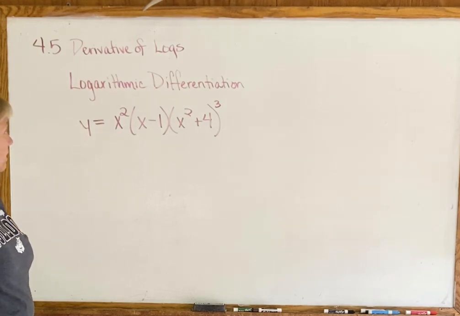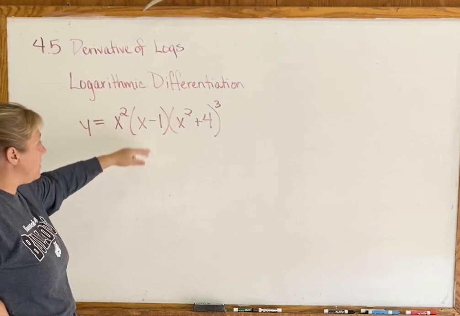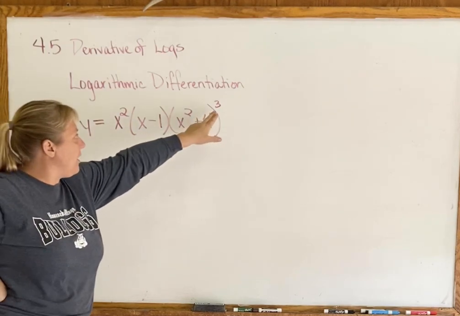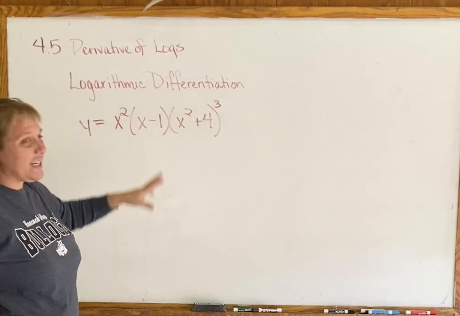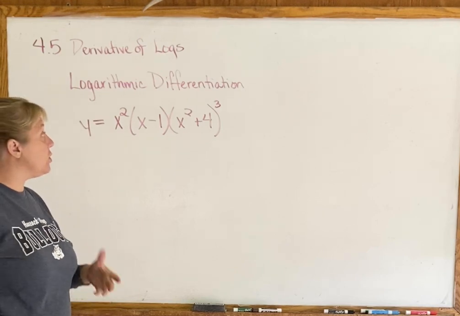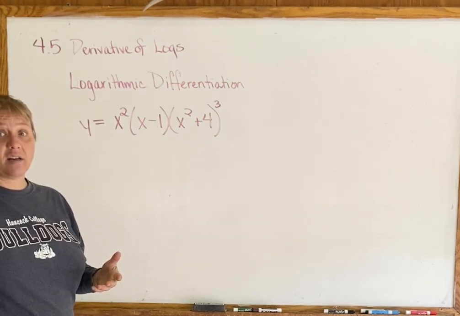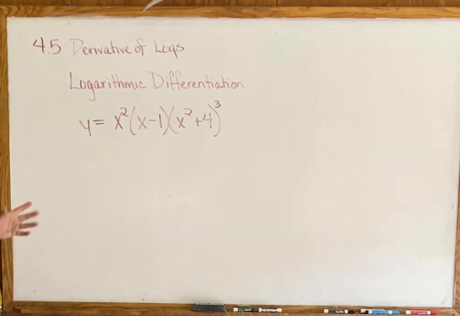Now, if we were doing this back in chapter 2, I would have told you to do some simplification, like maybe distribute. We're not going to multiply out, but when you look at this, are you seeing the product rule and the chain rule going on there? The hope is that you're seeing that there are multiple steps to this problem.